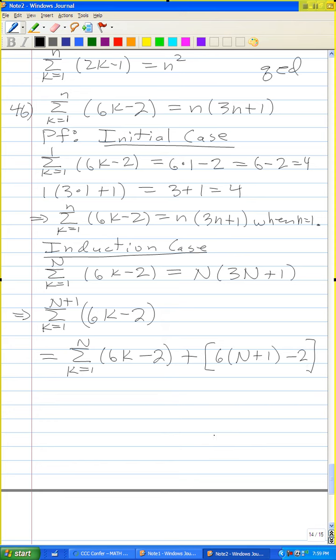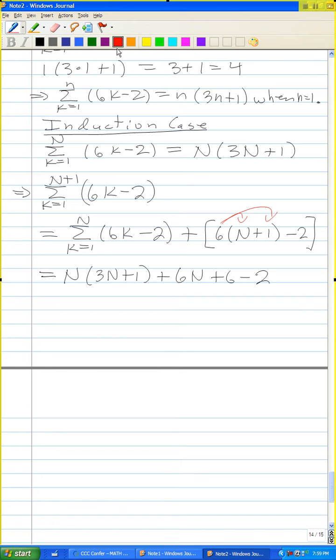Okay. Well, by assumption, the sum of the first n terms is just n times 3n plus 1. And let me multiply the 6 inside the parentheses. So by the distributive property, I have 6n plus 6 minus 2.